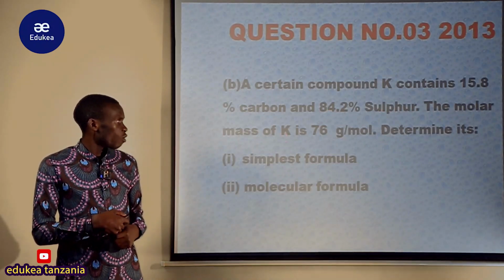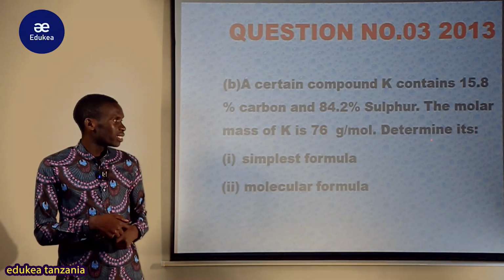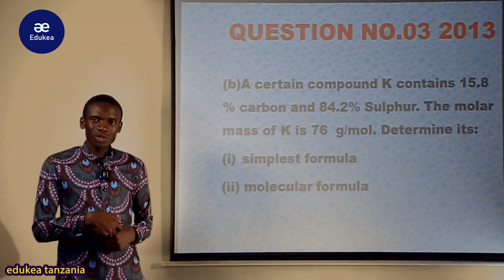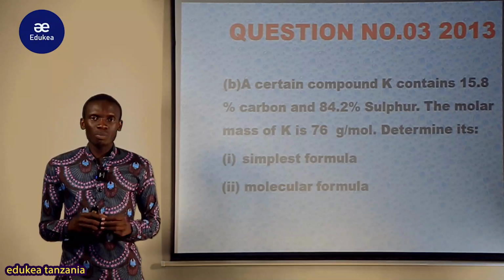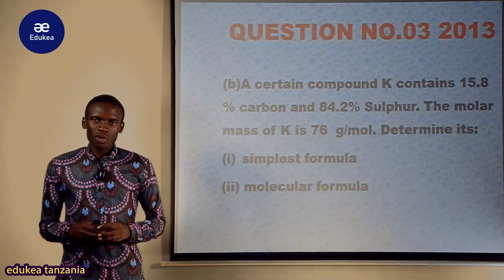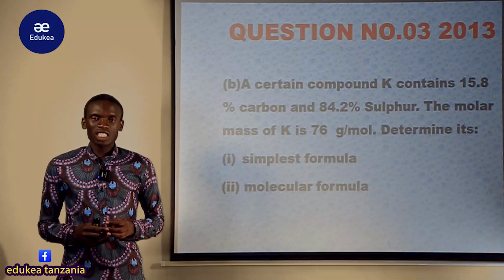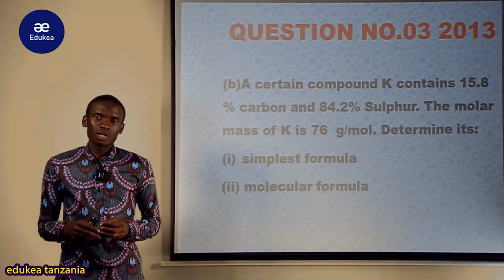If the molar mass of K is 76 grams per mole, then determine its simplest formula and the molecular formula. You are required to determine the simplest formula of the compound and the molecular formula of the compound. The simplest formula of the compound means the simple formula from the molecular formula.